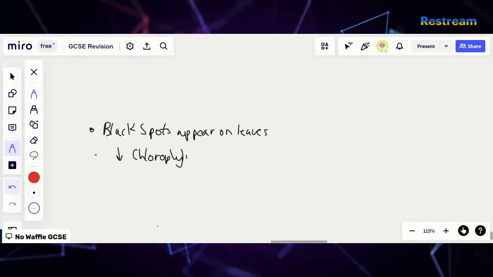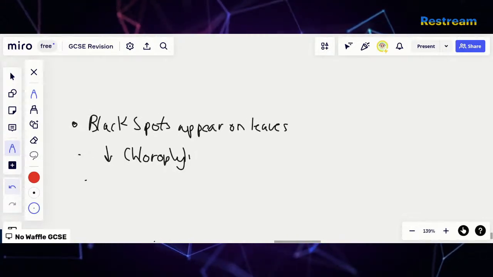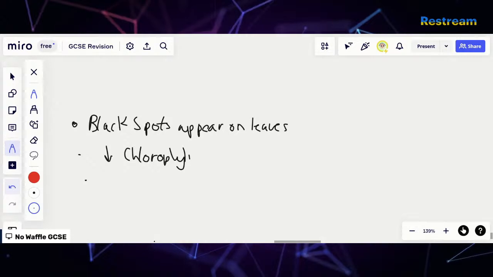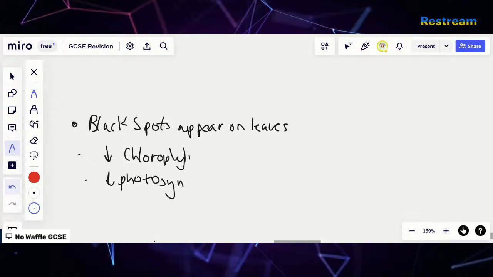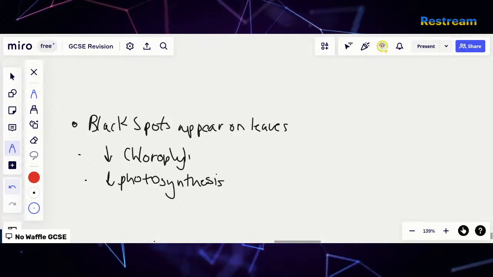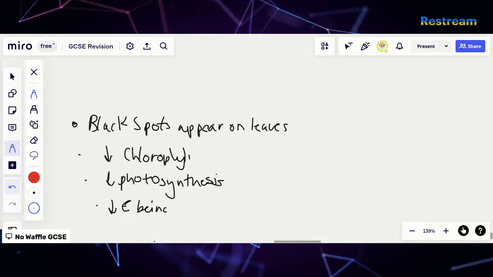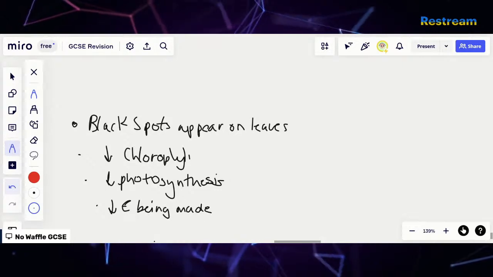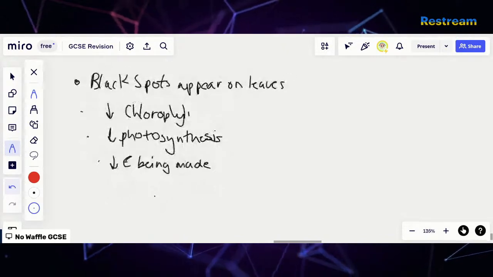Lack of green pigment, chlorophyll, sunlight, mineral ions. Perfect, those are perfect answers. So black spots, lack of chlorophyll, therefore, if there's lack of chlorophyll, it lowers the rate of photosynthesis. And if it lowers the rate of photosynthesis, then less energy is being made, and then less energy can be converted for growth. So that's how that will be.